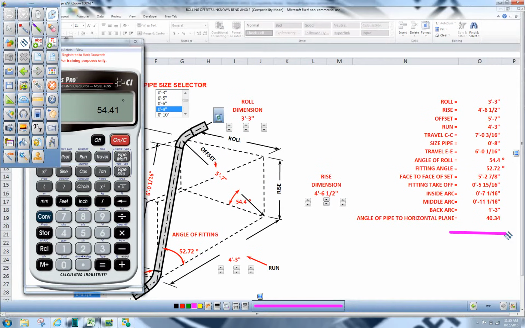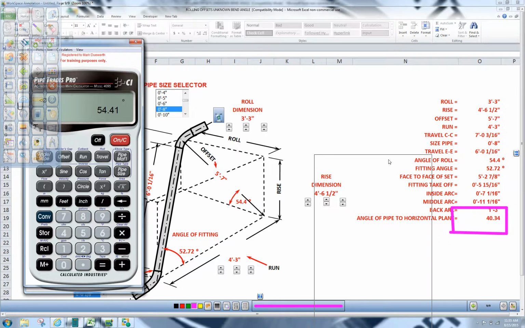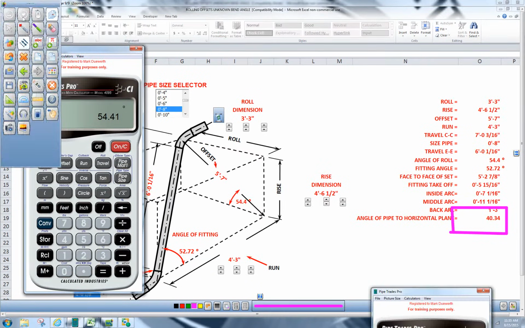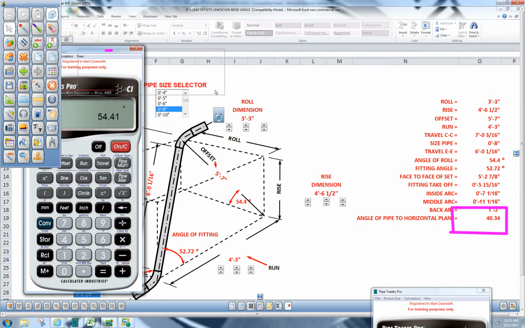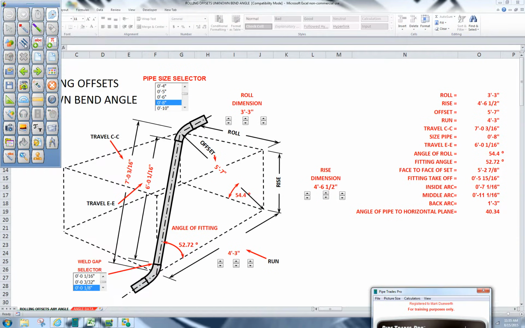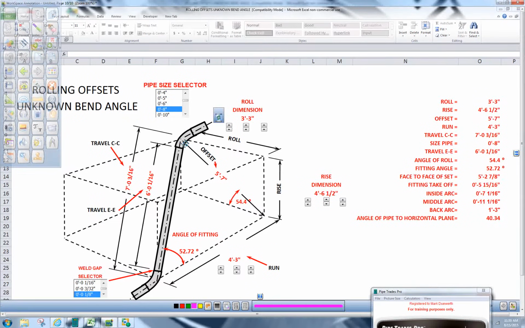We're going to get this 40.34, and what we're going to do is draw another triangle here. If we look at this box here, this rise and the center to center of this travel here is its own triangle, which it is.